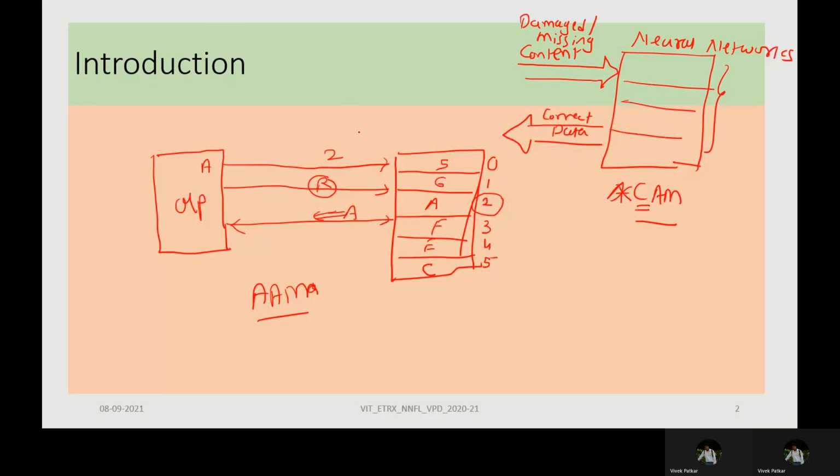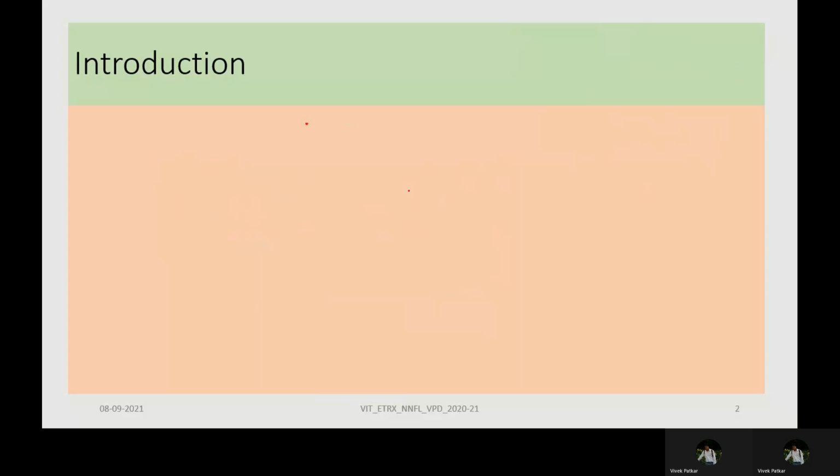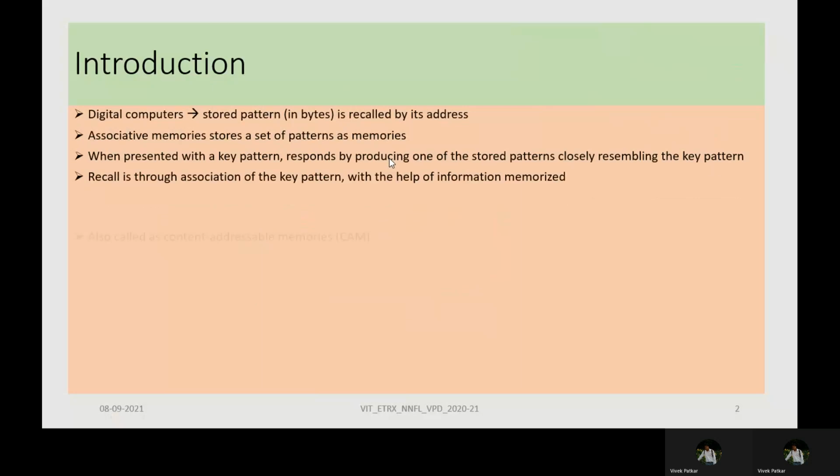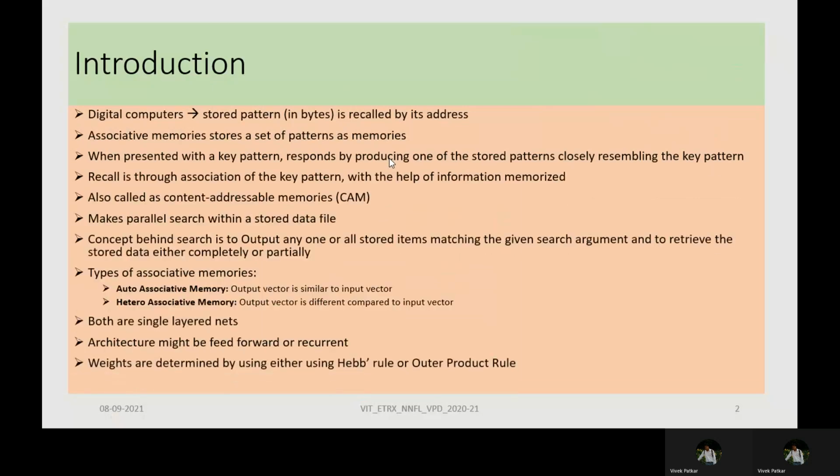That's why it is called content addressable memory, and it is designed using neural networks. This is the fundamental difference between addressable memory and content addressable memory. Now we are interested in treating this in a bit more detail.